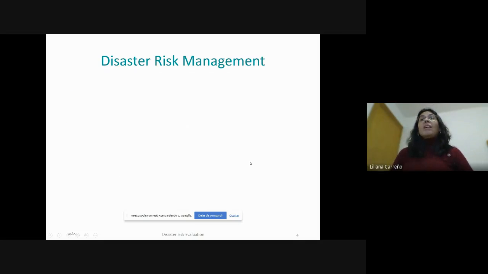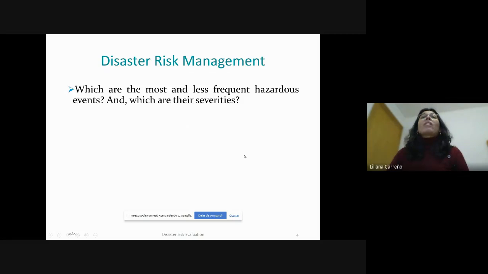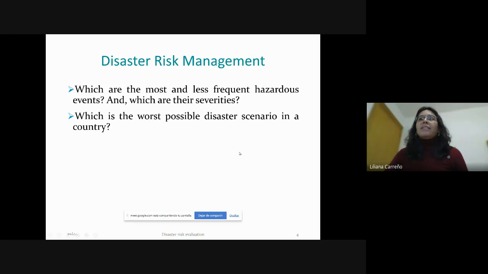Now, in order to do disaster risk management in a proper way, we need to answer some other questions. For example, which are the most and least frequent hazardous events, and what are their severities? Which is the worst possible disaster scenario in a country?